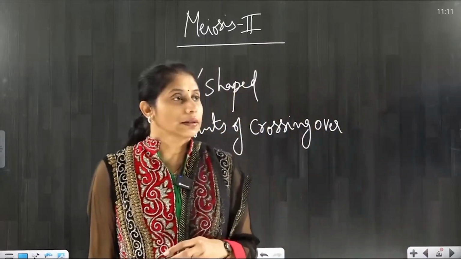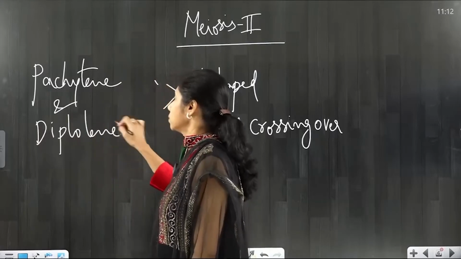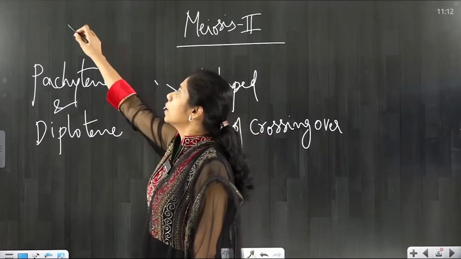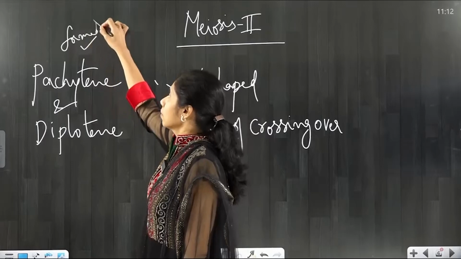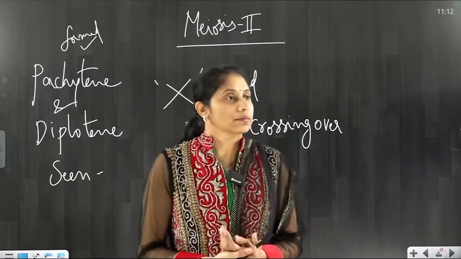What are they called? The answer is chiasmata. They are formed in pachytene and seen clearly in diplotene.